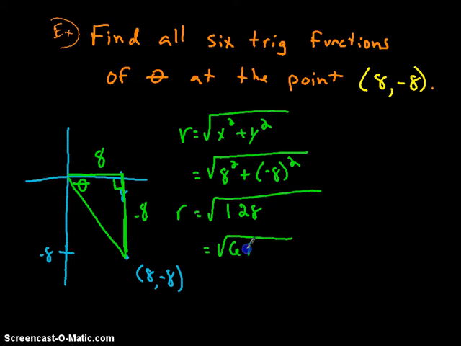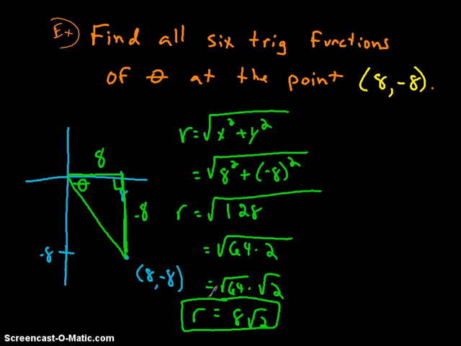So that's really 64 times 2, which means the square root of 64 times the square root of 2, which is 8 square root of 2. So either way is fine, but typically, if we can simplify it, we should. So I know r is going to be 8 square root 2.